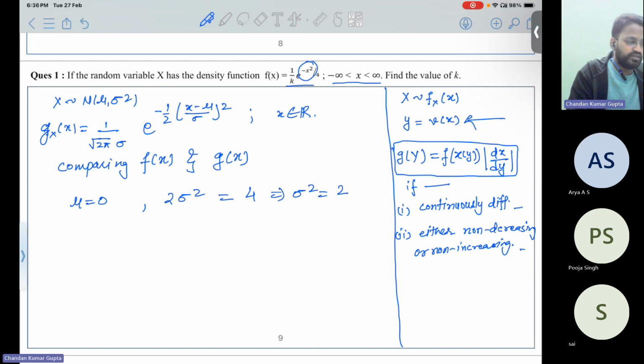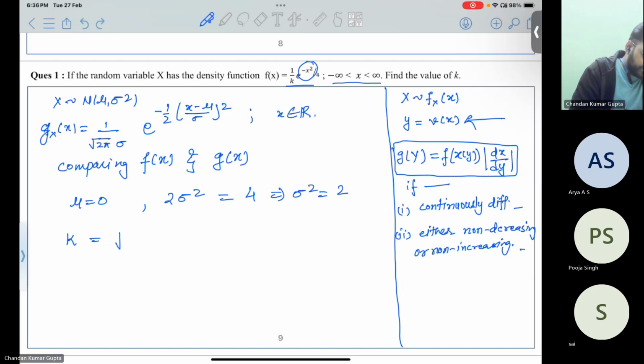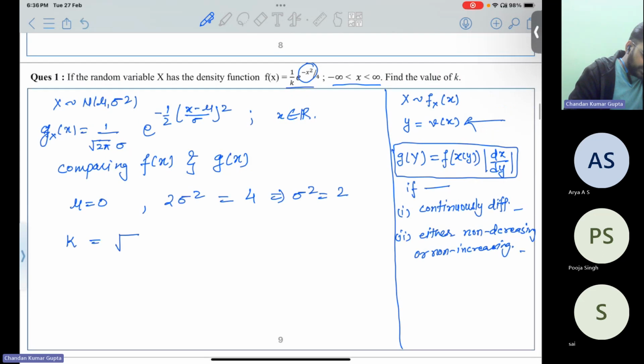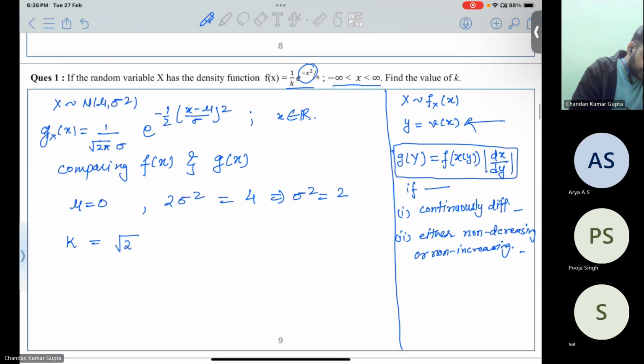And 1 upon k equals 1 upon root 2 pi sigma, so k equal to root 2 pi sigma.